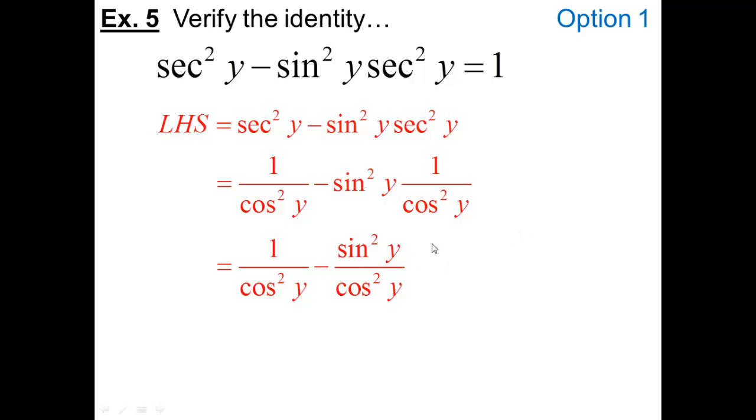A couple of different ways I could go on this one. One option is, since they have a common denominator, I can subtract and say 1 minus sine squared over cosine squared. And then 1 minus sine squared, of course, that's the Pythagorean identity, which is cosine squared, which reduces now to 1, my right-hand side.